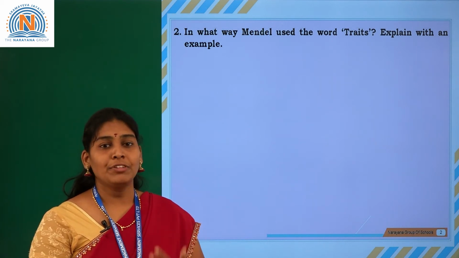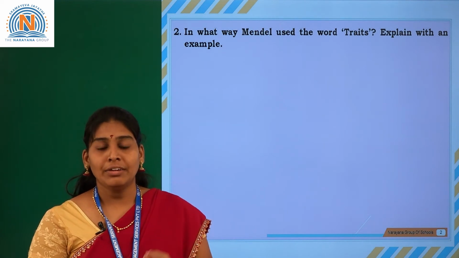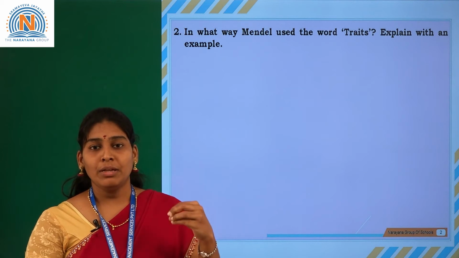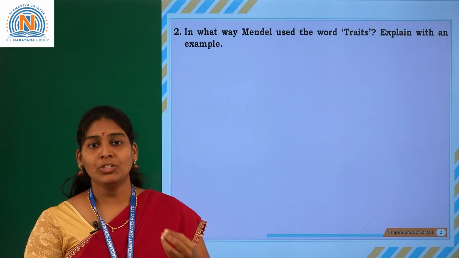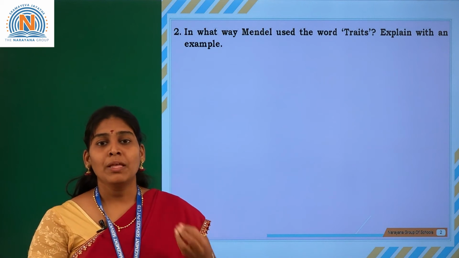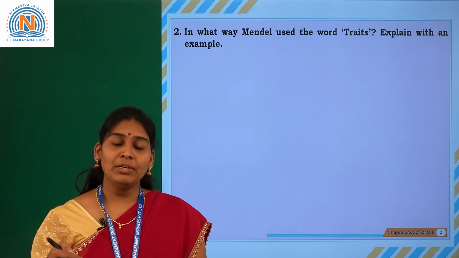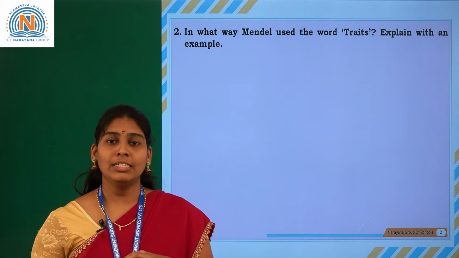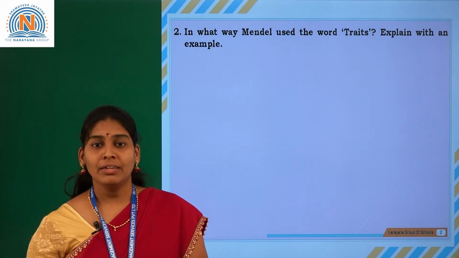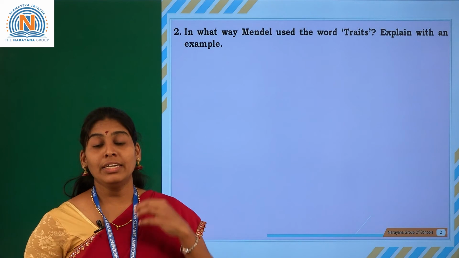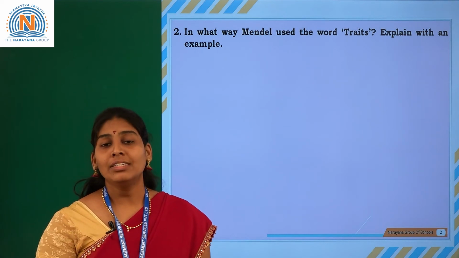For example, the characters expressed by the plants come from the seeds, and the seeds get their genes from their parents. Like that he assumed, and then he gave the word called trait.